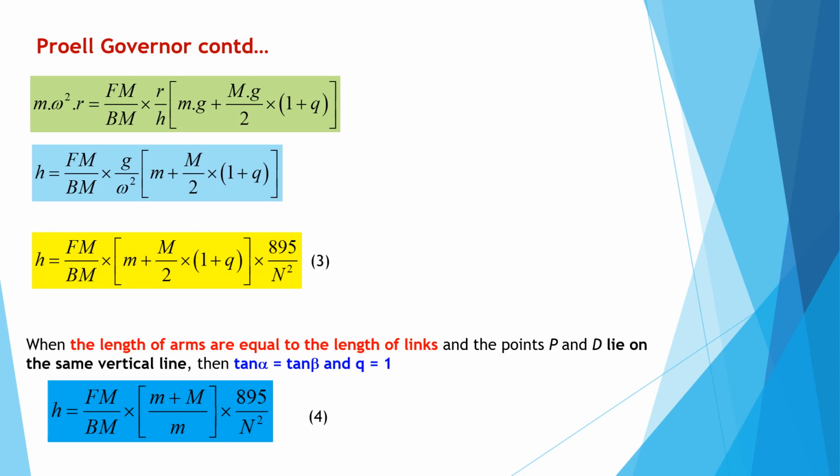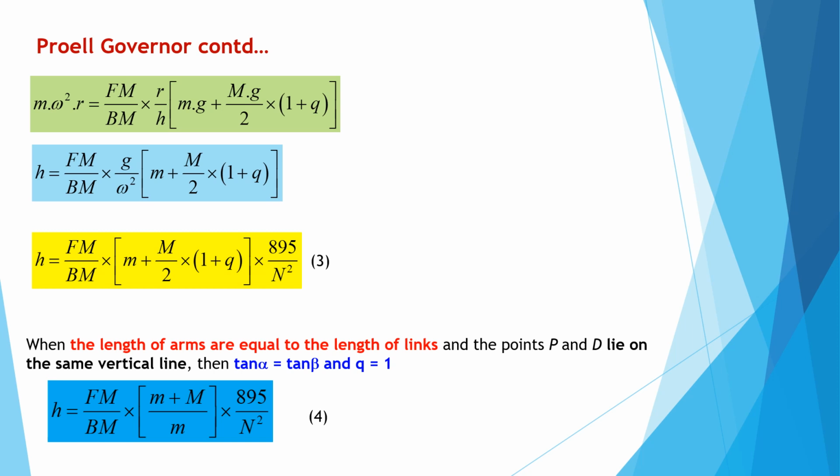So by solving equation 2, we get the height of the governor h, that is h is equal to FM upon BM into gravitational force divided by omega square into the mass of the fly ball plus half of the mass of the dead weight into 1 plus q.